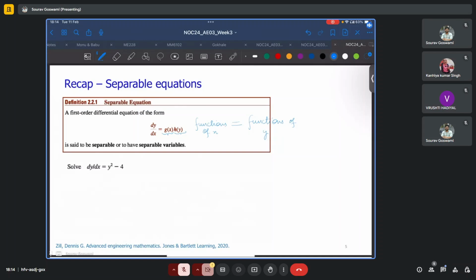So the question given to us is dy dx equals y square minus 4. And since we are dealing with the topic of separable equations, maybe we should try to separate or bring variables of each kind to one side. So dy dx is y square minus 4, which implies that dy by y square minus 4 equals dx.